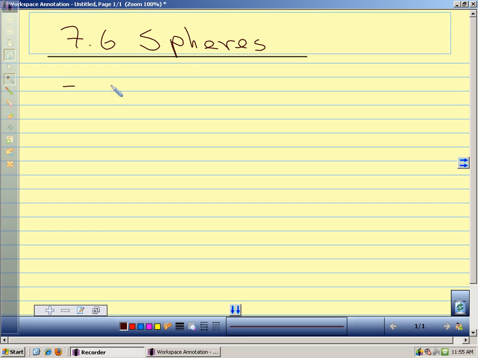So three-dimensional. We know a sphere is a 3D shape. I'm just going to call it a figure. What else do we know about spheres? Has something to do with a circle, right? It's round. It only has one side.